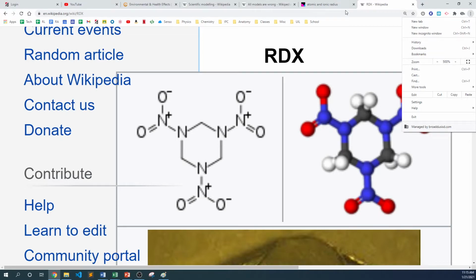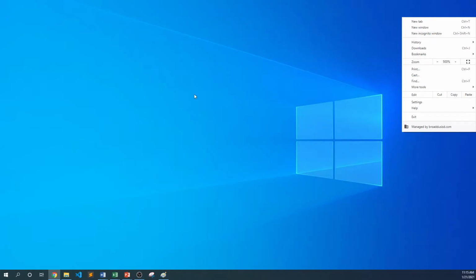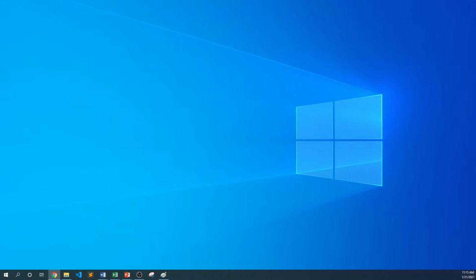Let's look up, what's another very famous explosive? TNT? What do you think the N refers to? Nitrogen. Nitrate, I believe.